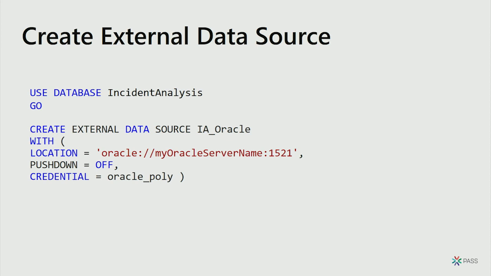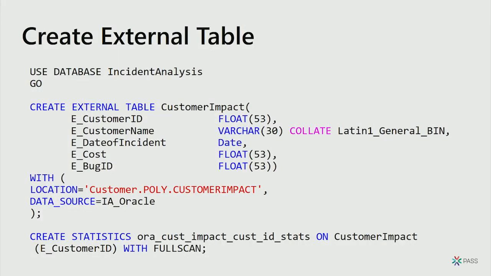So now we're ready to create an external table. This is really where you're telling SQL Server what your data should look like when it's in SQL Server and where to get it from. You have your columns, your data types, the location. With Oracle, the location is basically your instance ID, your schema, and then the table name in Oracle.